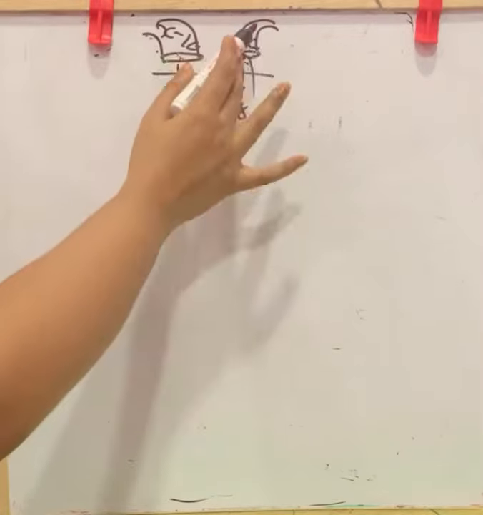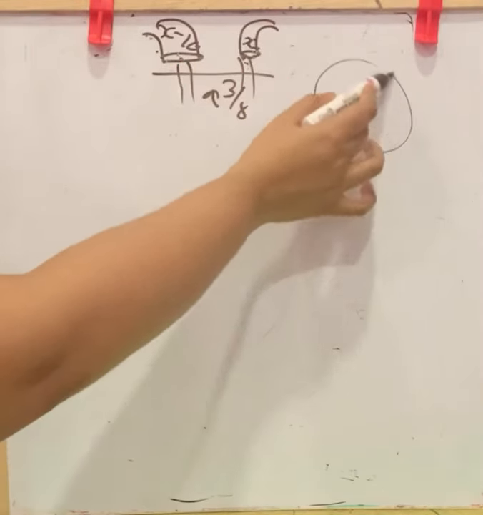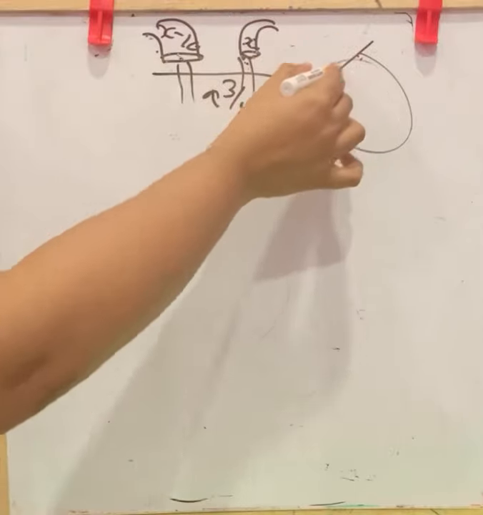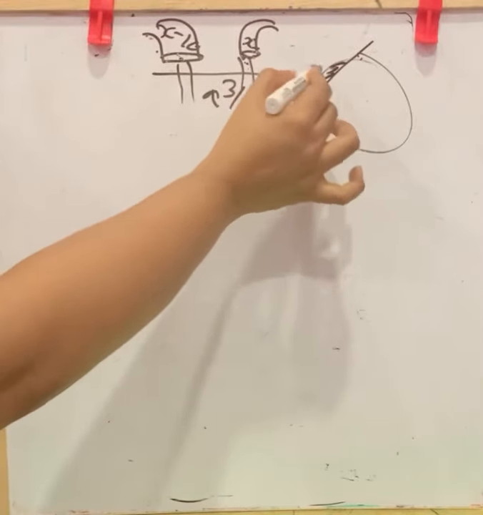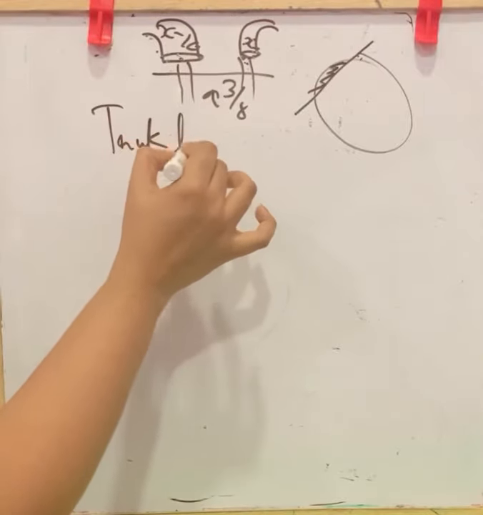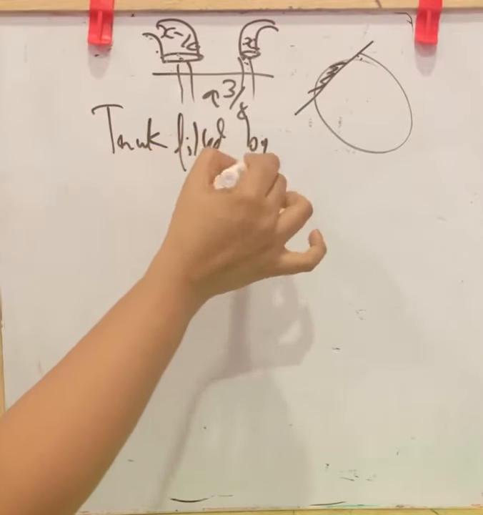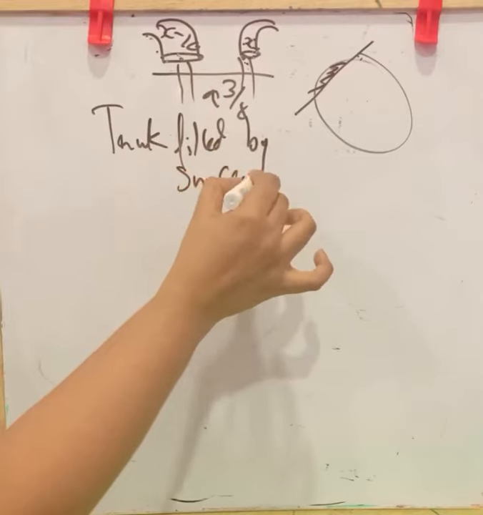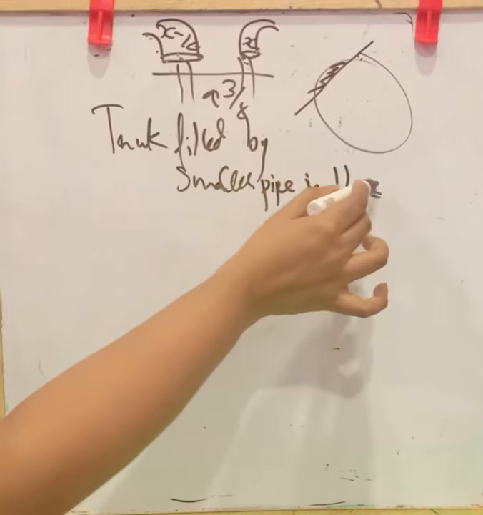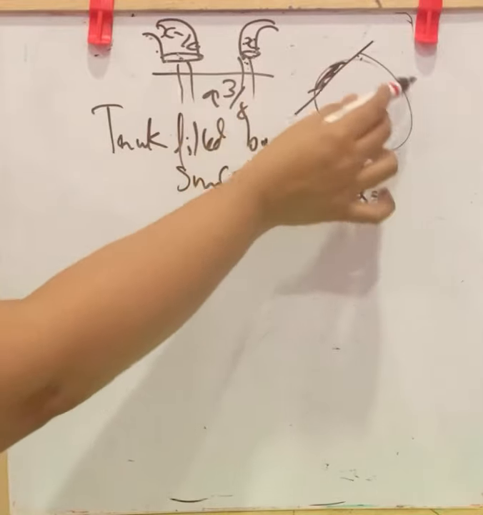Okay. Now if it is x hours, that is total x hours, what will be 1 hour? Here part of this total hours. So we can take tank filled by smaller pipe in 1 hour. 1 hour means total it is x hours.